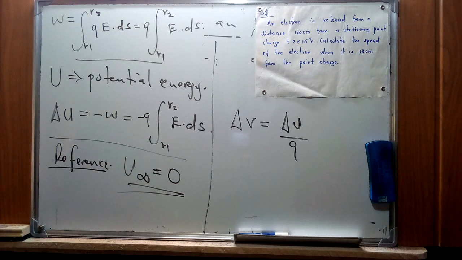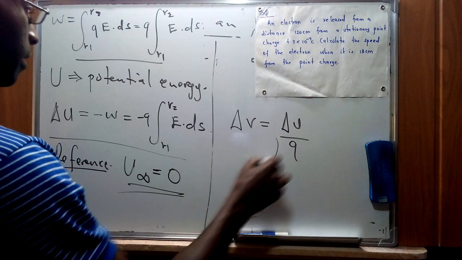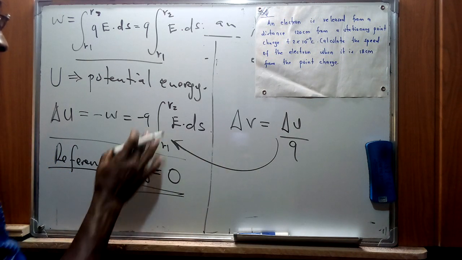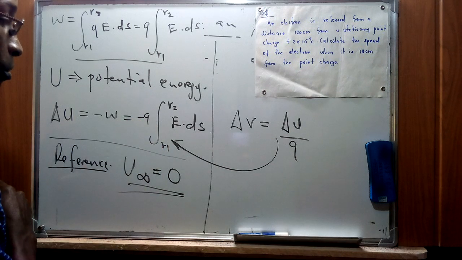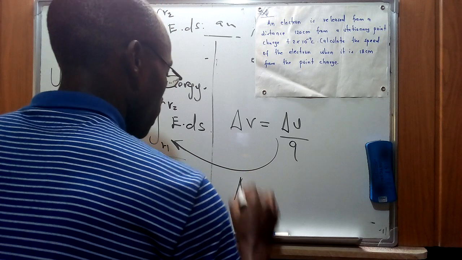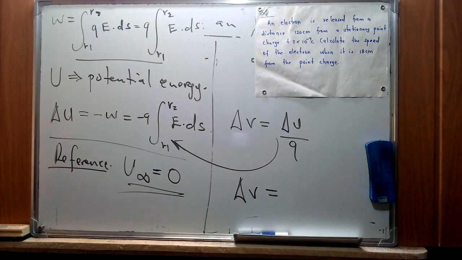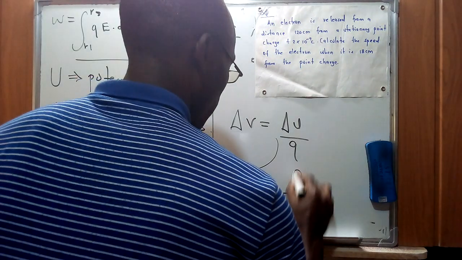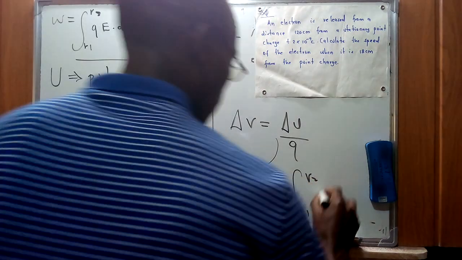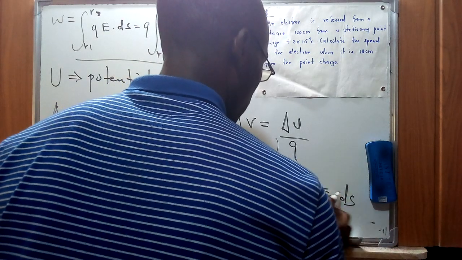And therefore, this is going to have an implication on our last equation that we have already mentioned: the element of charge is going to cancel out. So we're going to have the change in the potential given as the negative integral from R1 to R2 of E ds.